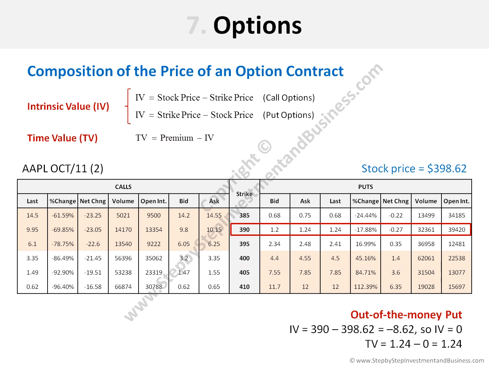Now, let's analyze an out-of-the-money put. The intrinsic value of this option, as it is a put, like the previous one, is equal to the strike price, in this case 390, minus the stock price, which is 398.62. The difference between 390 and 398.62 is negative. It is minus 8.62.